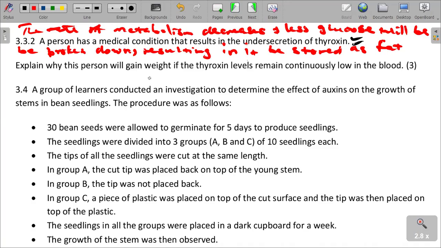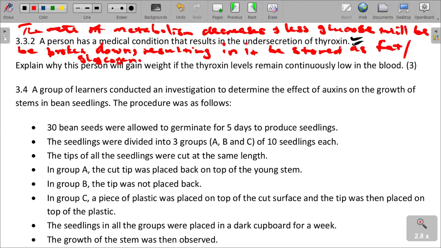I'm sure I remember very well that it is fat or glycogen. Glucose's storage form is glycogen. So the rate of respiration decreases, and therefore less glucose will be broken down, resulting in that glucose being stored as fat or converted into glycogen.